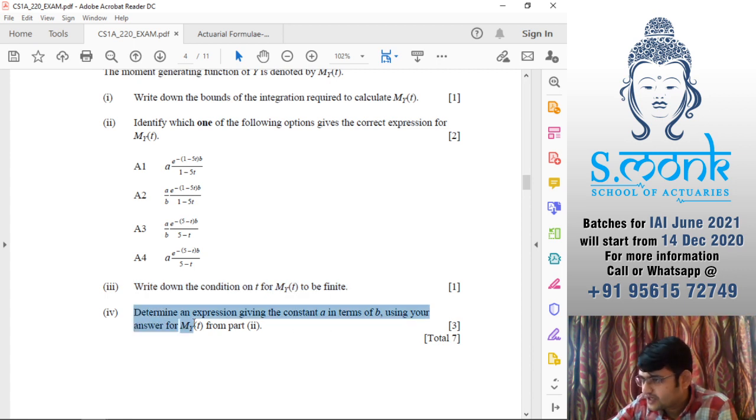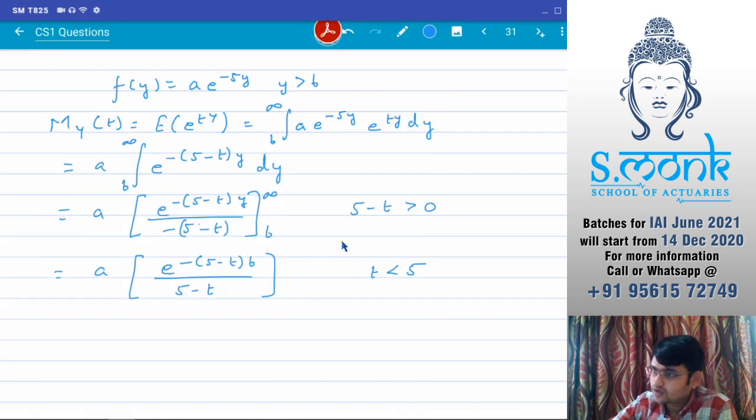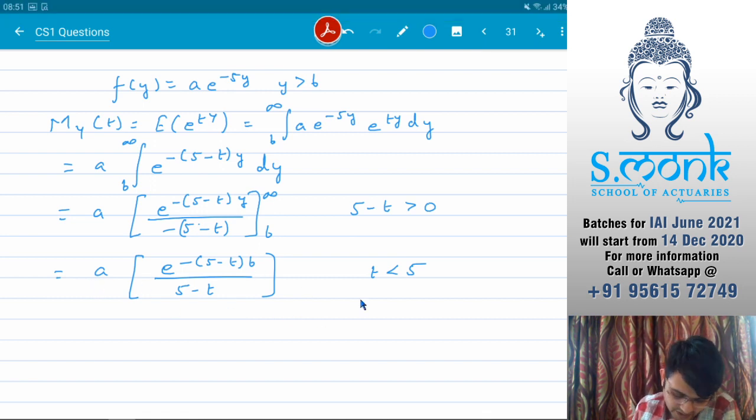And last one, determine an expression giving a constant a in terms of b using your answer for m y t in part 2. Okay. So this is our m y t. We have to write a in terms of b. The easiest way would be using t is equals to 0, that means m y 0, this will always be equal to 1.